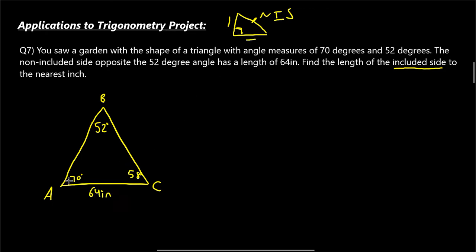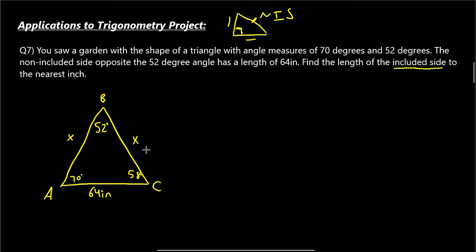So this is the included side of 70 degrees, this is the included side of 58 degrees, and this is the non-included side of 52. So we're going to solve for these two side lengths, AB and BC.